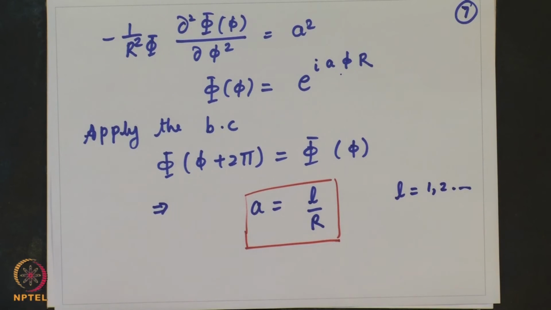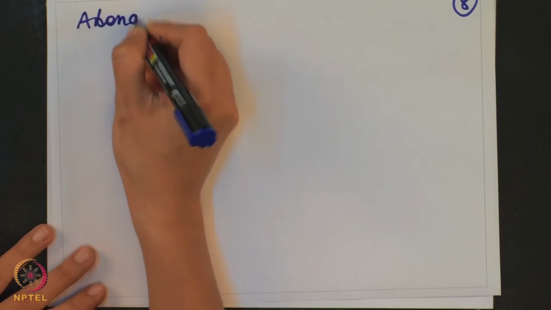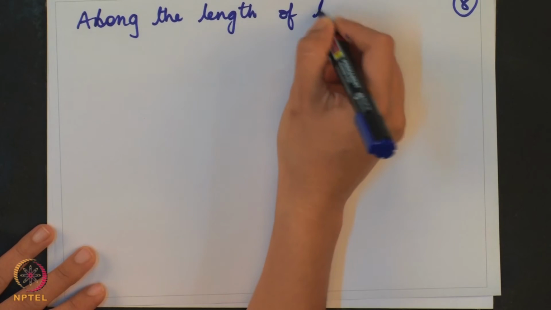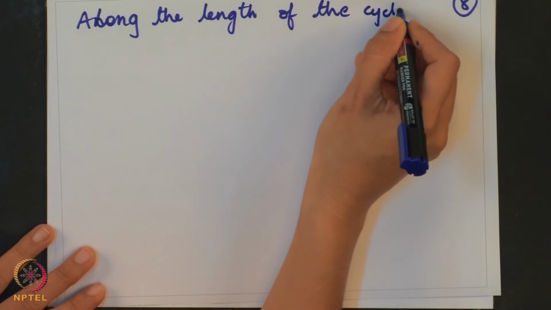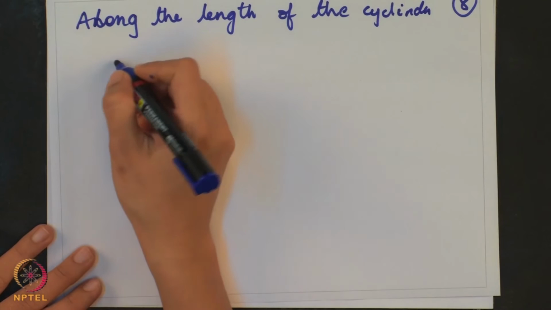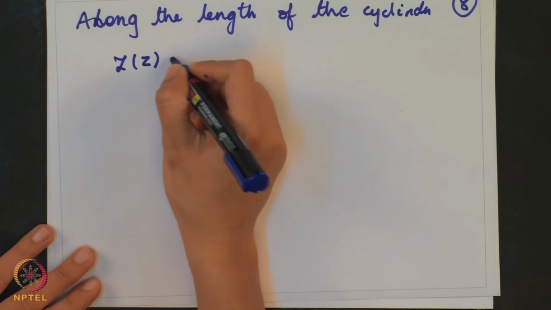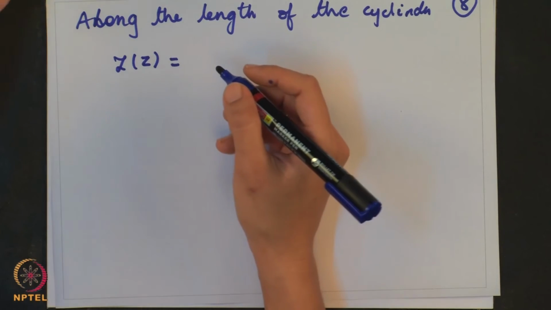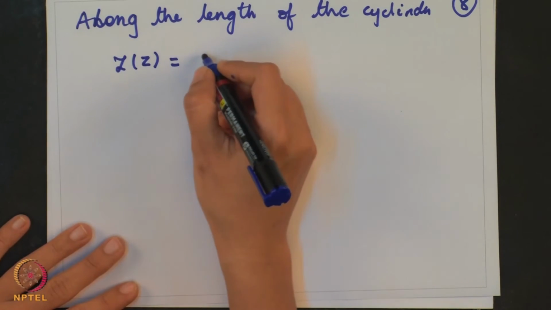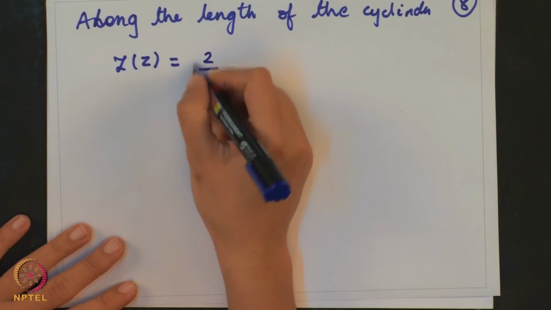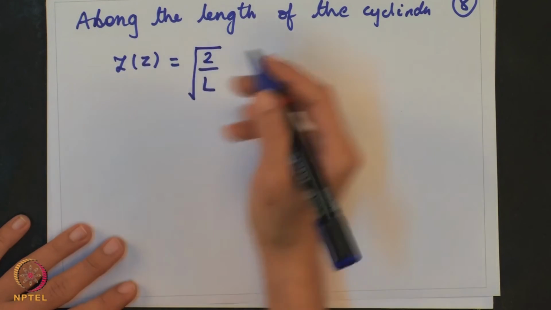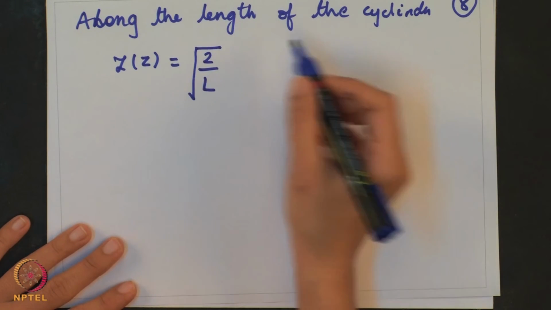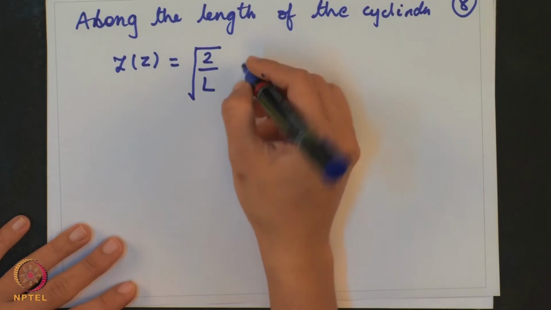The next step would involve calculating the second part, that is the B part, along the length of the cylinder, a particle in a one dimensional box. I can write the solution simply as 2 by L. Now, this is the z component, that is the length of the cylinder, which is like a one dimensional particle in a box.